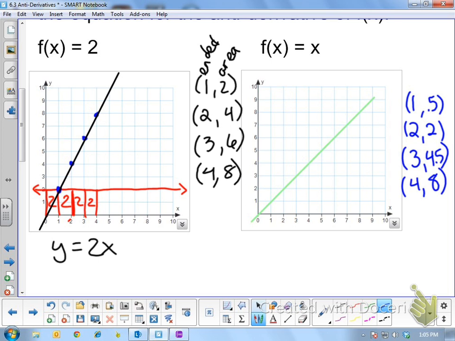So I've been kind of skipping that point, but really there's a point at 0, 0, 1 and 0.5, 2 and 2, 3 and 4.5, and 4 and 8. So I asked you to make a conjecture. What shape do you think this is? Parabola.